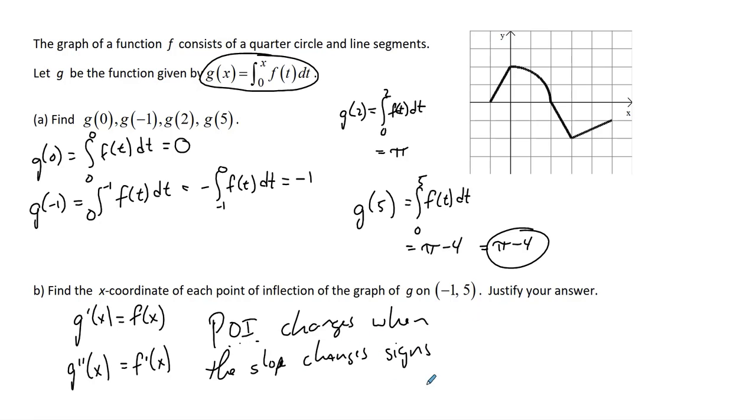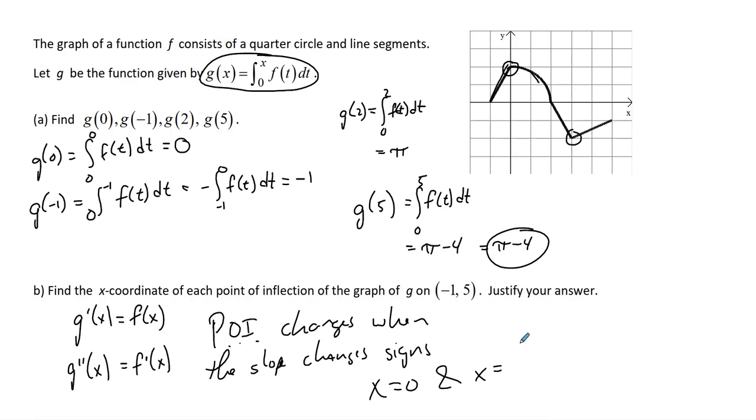Well, the slope changes signs when x is equal to 0, because my slope is positive and then it goes negative. So it changes there. And when x is equal to, well, that's all negative, negative, negative, negative, still negative, and now it's positive, so that's at 4. Okay, so the slope changes. Oh man, I can't count.